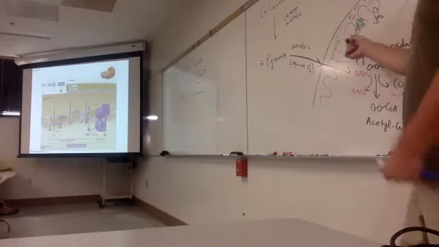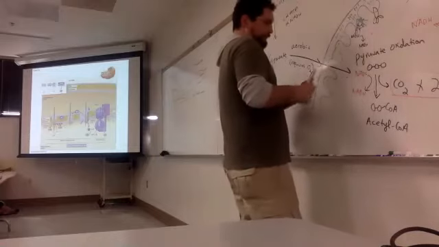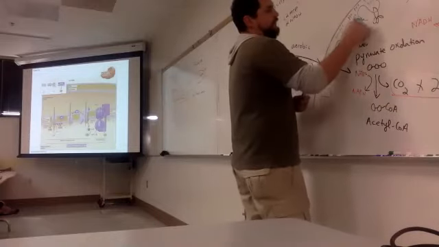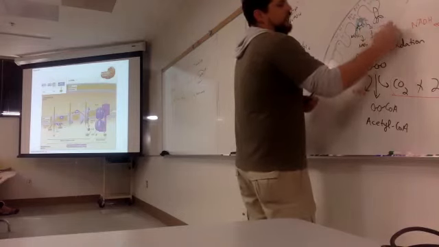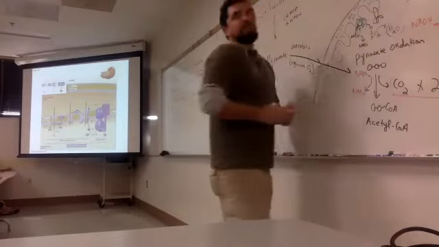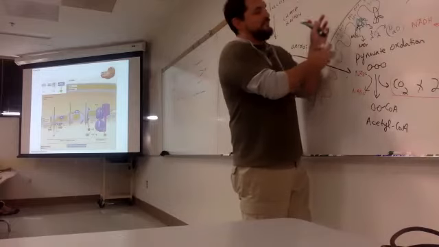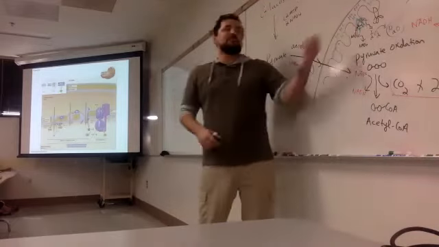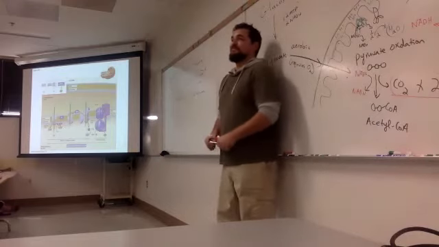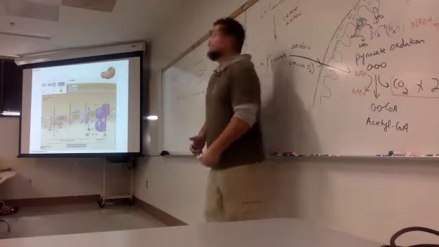And the final electron acceptor of all this is an oxygen radical, which accepts it and then becomes water. So your product of the movement of all that electron stuff is to interact with oxygen and become water. And now you've just got a bunch of hydrogens in the inner membrane space.